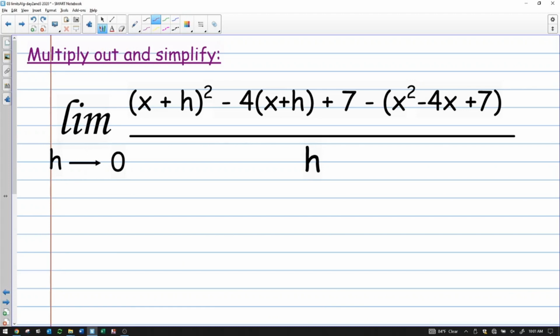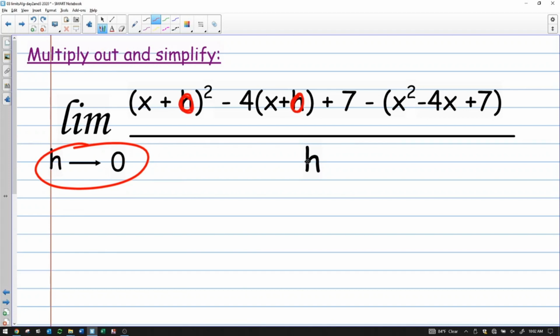It's a little bit different because we're not plugging in x. We're actually plugging in what? Into what letter? H. Everywhere there's an H, I'm going to put in a 0. Leave the x's alone. Everywhere there's an H, you're going to plug in a 0, as H approaches 0.